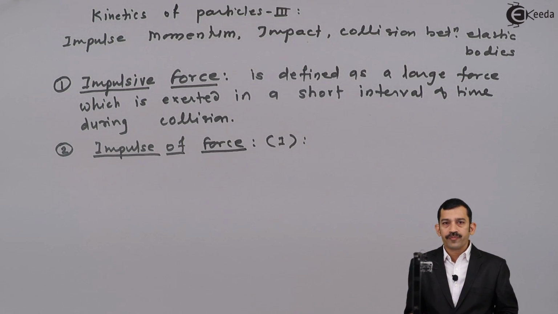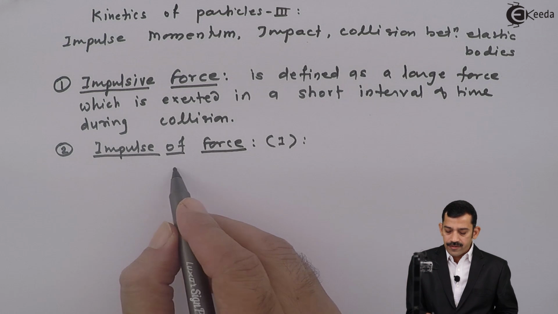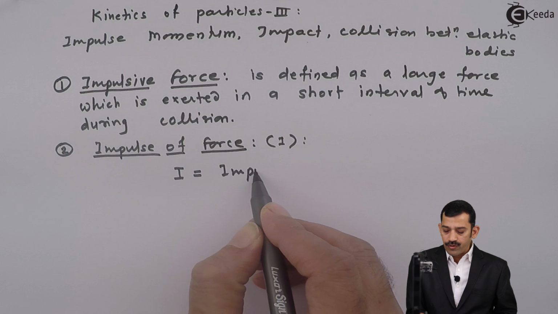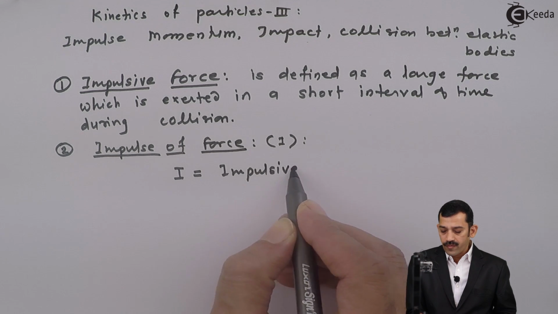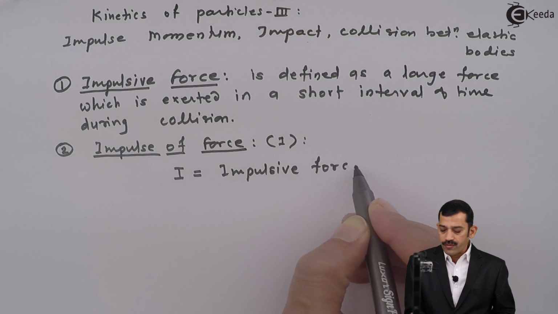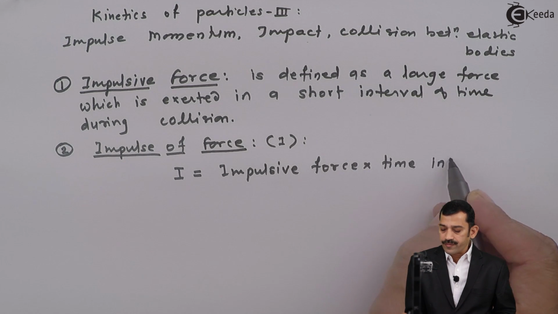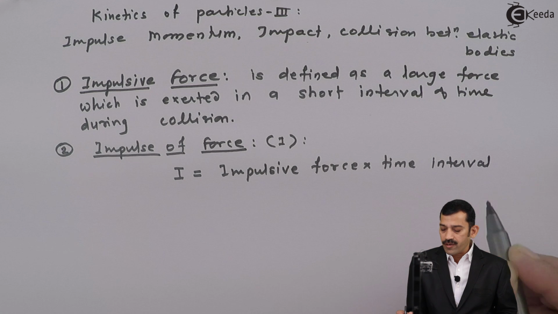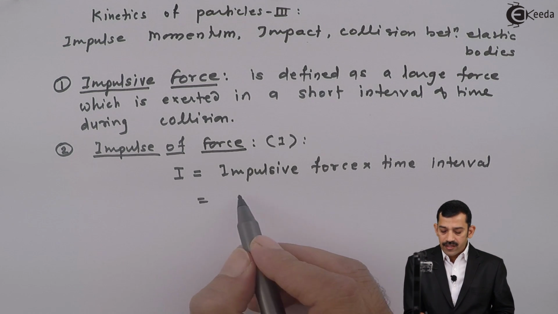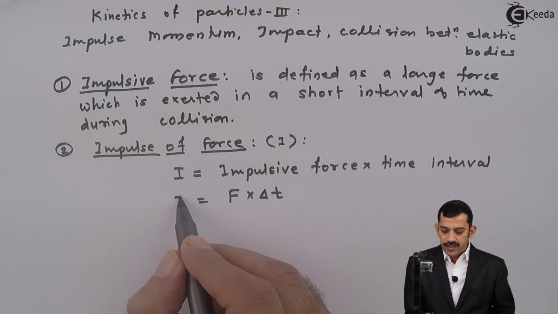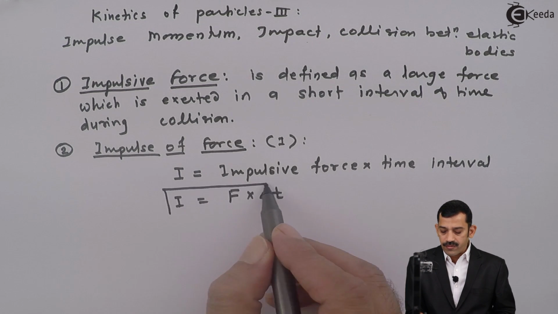If we assume the time interval in which this force acts is dt or delta t, then the impulse is given by the product of the impulsive force and the time interval in which this force acts. Say impulsive force F into this time interval delta t is nothing but the impulse of a force.